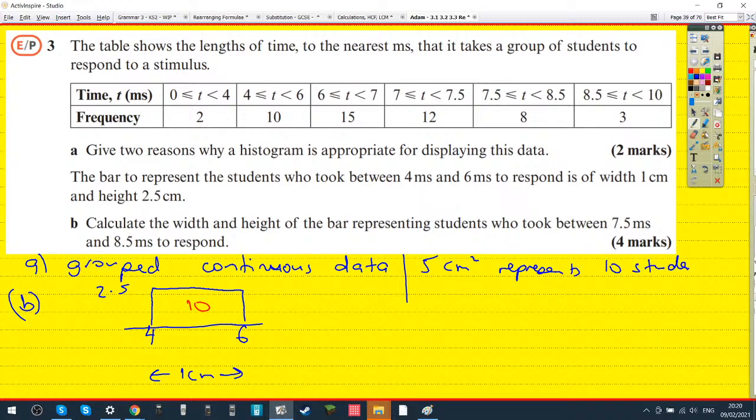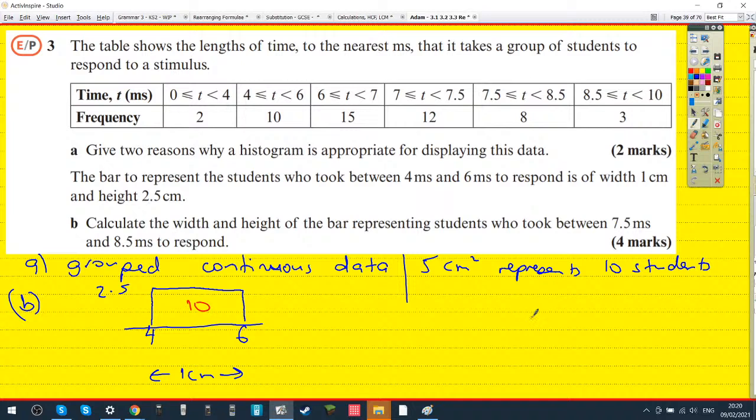Okay. And so how do we go about the next one? So would you do the height of 8, so you do 8.5 times 1, which is 8.5.